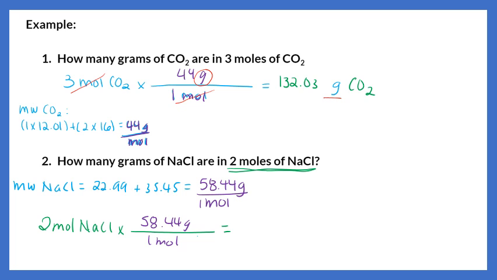Which equals 2 times 58.44 equals 116.88 grams of NaCl. And again, the moles cancel, leaving me with grams. Okay? So you just simply take the number of moles you have and multiply it by the molecular weight of that compound or element. Okay, let's move on to the next.